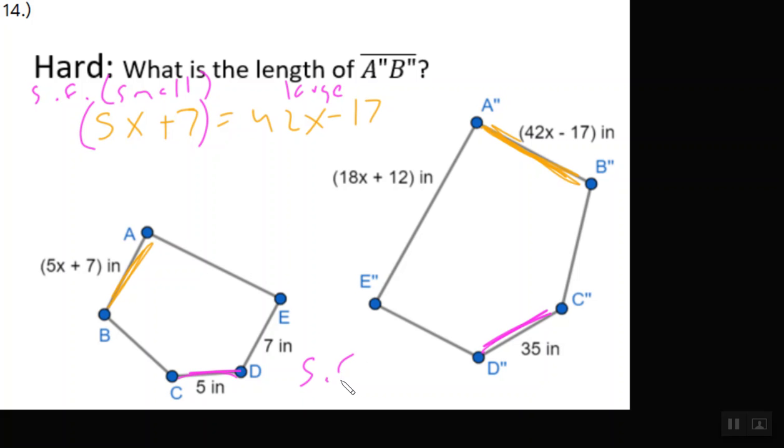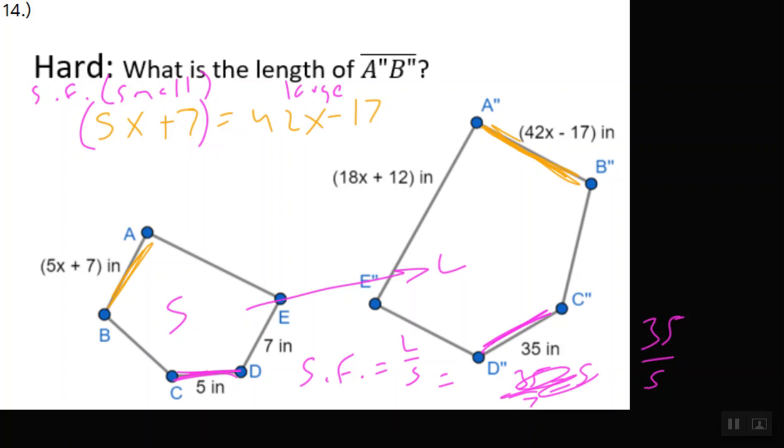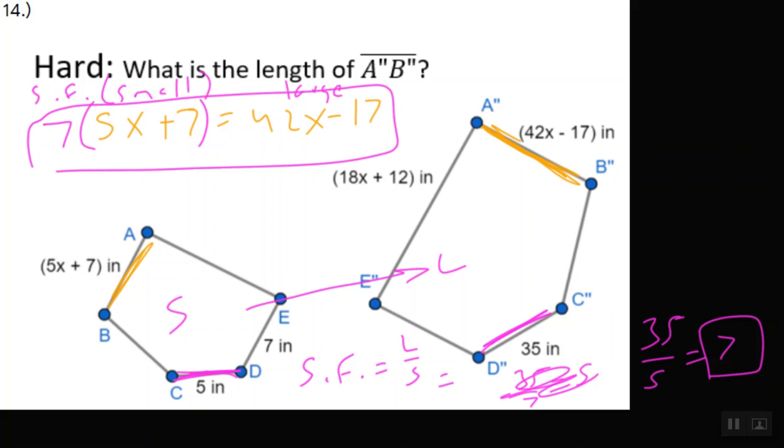So remember, your scale factor is always, if you're going from the small to the large shape, it's always large over small. Or in this case, we'll do 35 divided by 7, which is 5. Oh, I'm sorry. We'll do 35 divided by our corresponding side, 5, which is 7. So when you put a 7 there, this will allow you to solve for x.